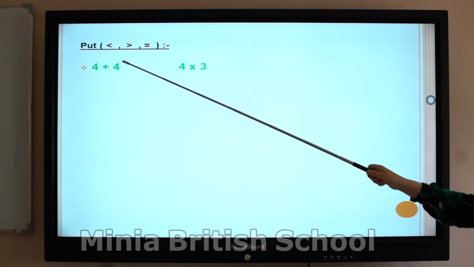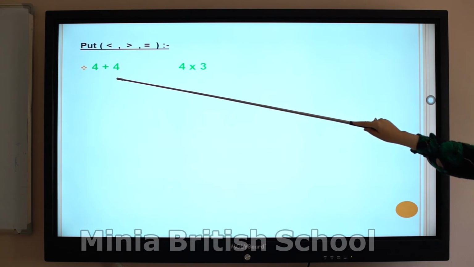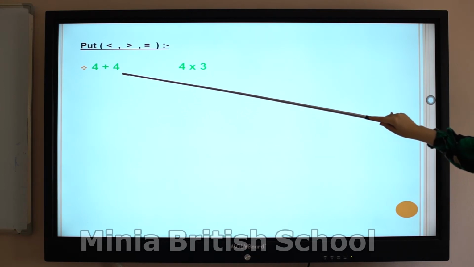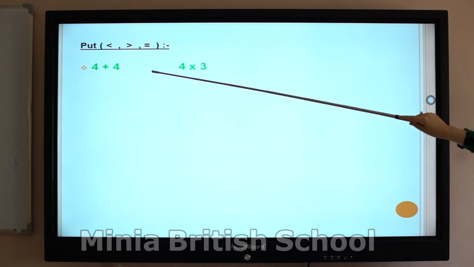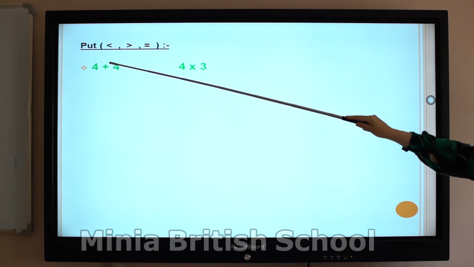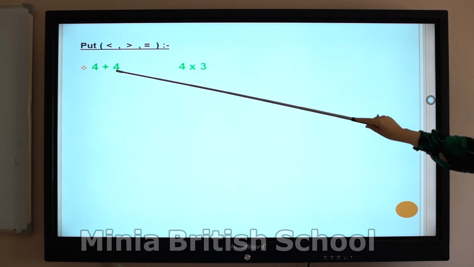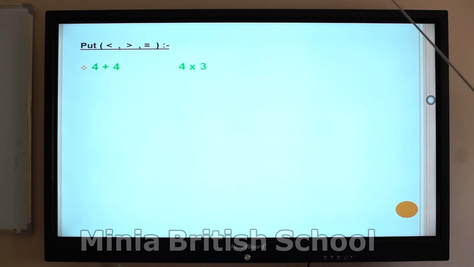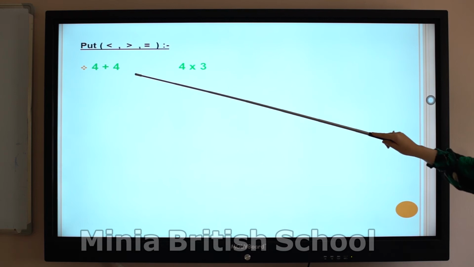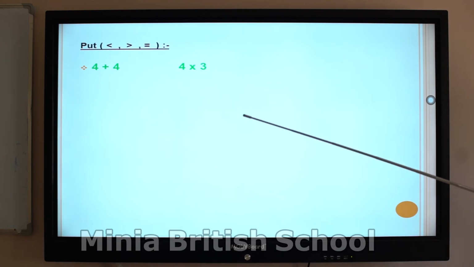What and how many? What is the repeating number? It's 4. How many times is it repeated? 2 times, so 4 times 2. Here 4 times 2 and here 4 times 3. 4 plus 4 is smaller than 4 times 3.